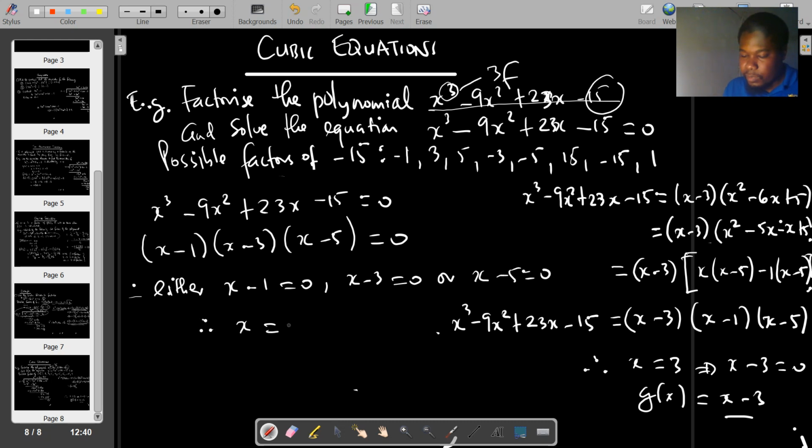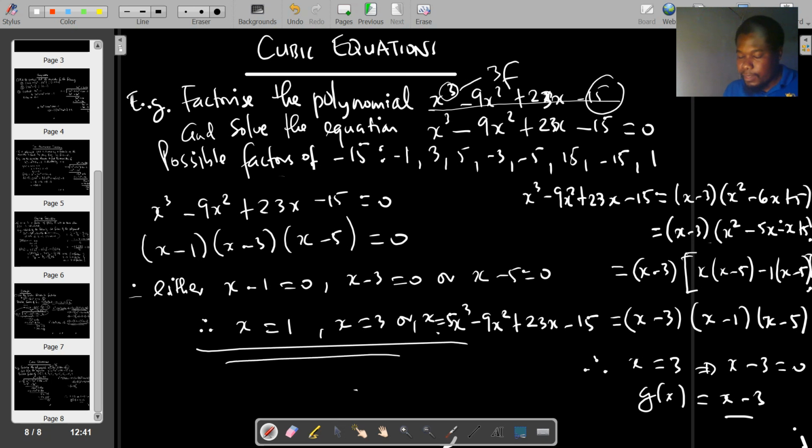Therefore, x equals 1, x equals 3, or x equals 5. This is how you would solve the problem, okay. I hope this makes sense. This is a long process, but it's better. Find one factor. After finding that one factor, use long division to factorize the whole polynomial. After you factorize it, you can equate it to 0 to calculate for the value of x in the equation. That will be the answer, okay.